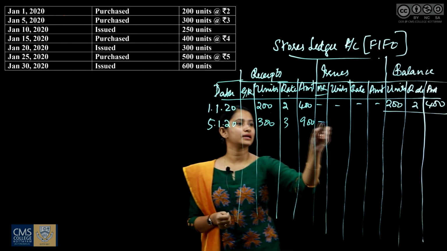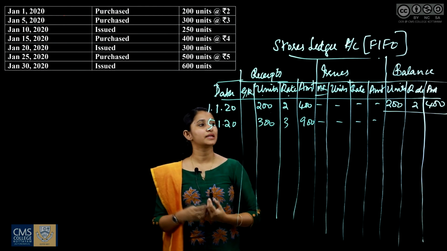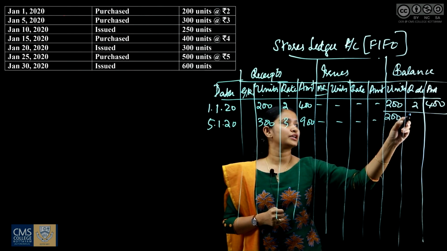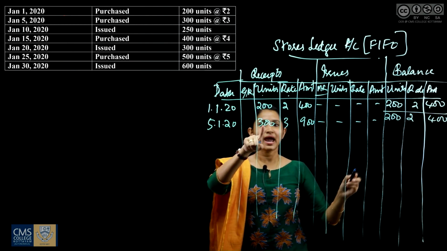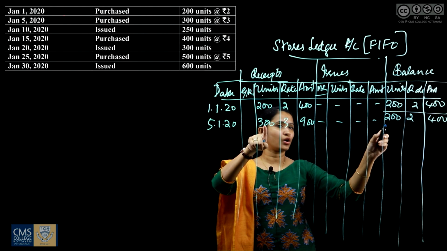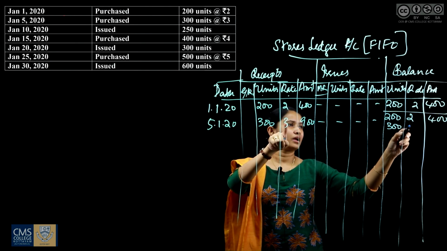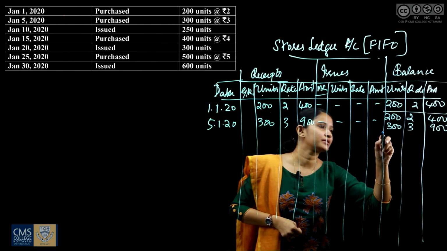And on the same date, again we have no issues. Now, when we show it in the balance column, we have two lots of materials. We have 200 units purchased at 2 rupee per unit, which is 400, and then the materials which we bought on 5th Jan, that is 300 units at 3 rupees per unit. So materials worth 900, underline it.